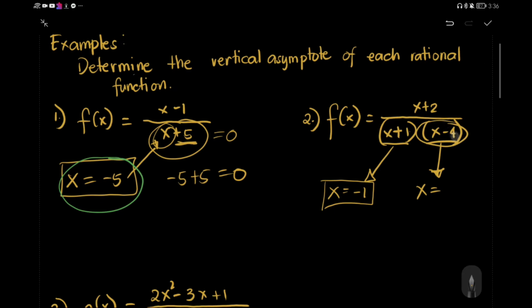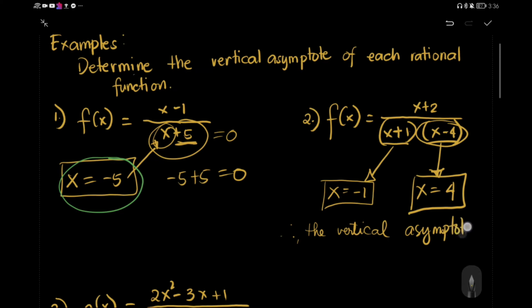So since it is negative 4, we can have x is equal to 4. Why? 4 minus 4, that is 0. Therefore, the vertical asymptotes are negative 1 and positive 4.